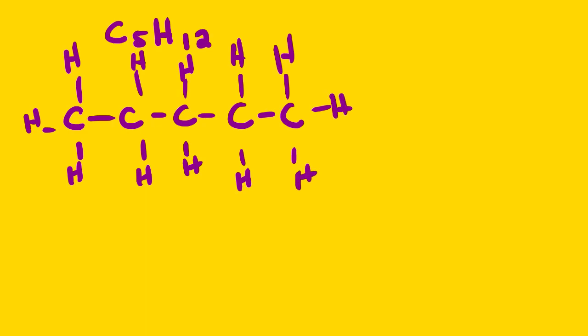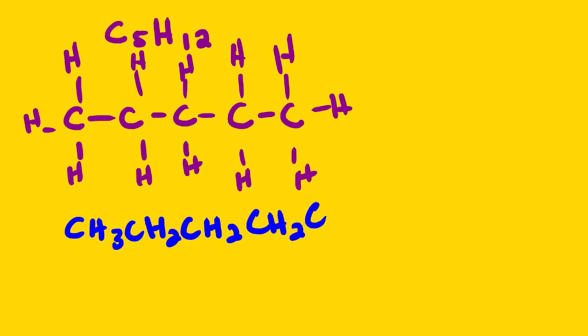So you can see that it is okay. And then looking at the condensed structure, it will be very simple. We have CH3, CH2, CH2, another CH2, CH3. Then looking at the sum of this, they should give you the total number of hydrogens we have.